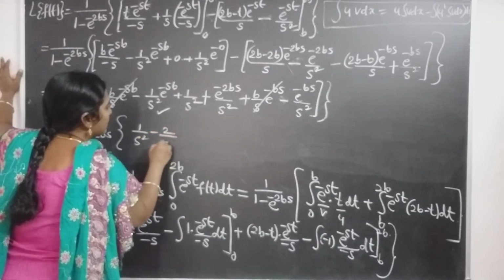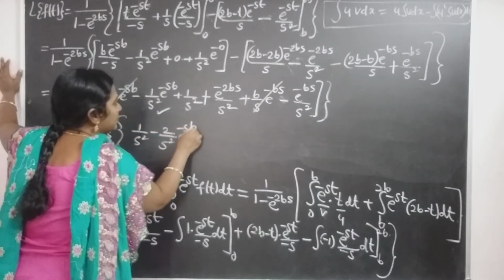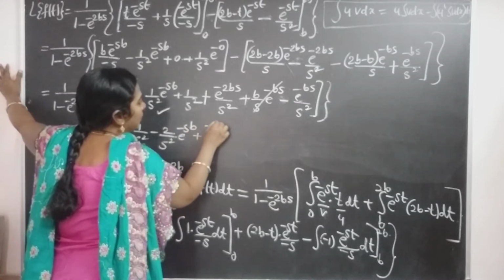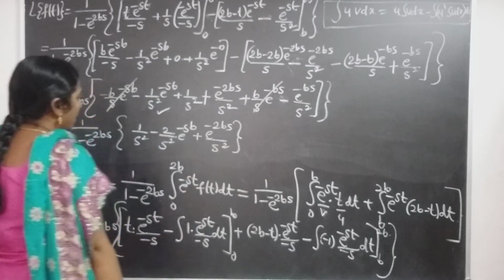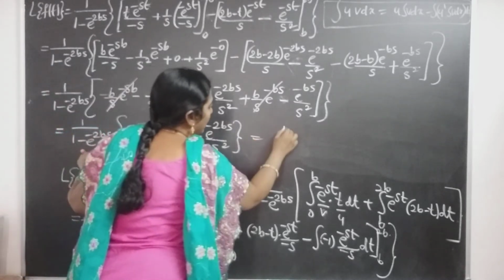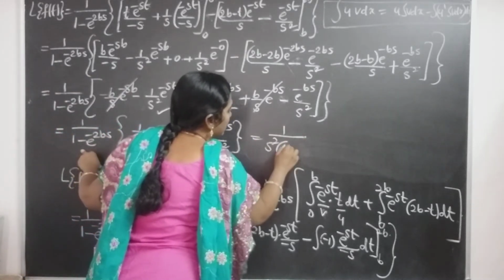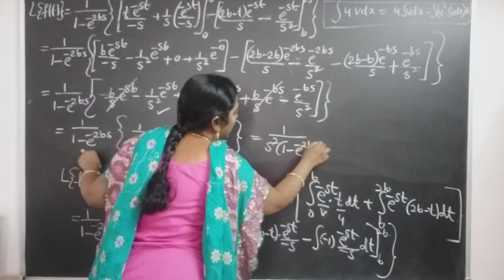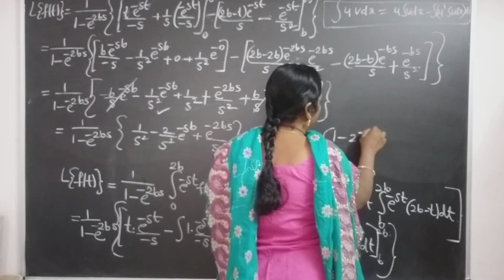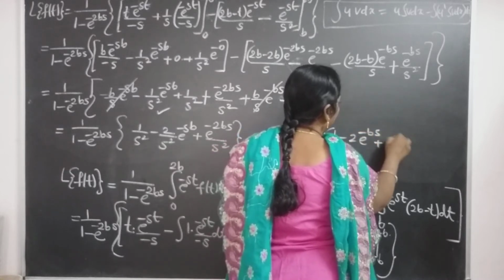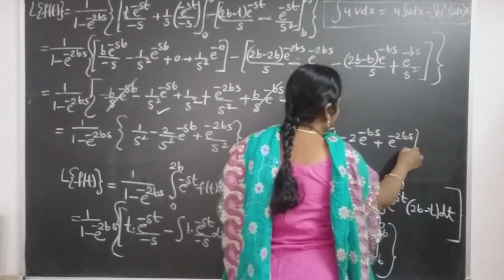Minus 2 by s square e power minus sb plus e power minus 2bs by s square. It is equal to 1 by s square, right, outside, 1 minus e power minus 2bs into 1 minus 2 e power minus bs plus e power minus 2bs.